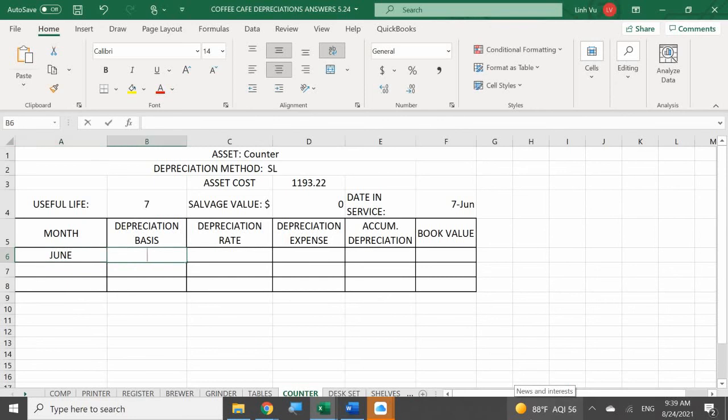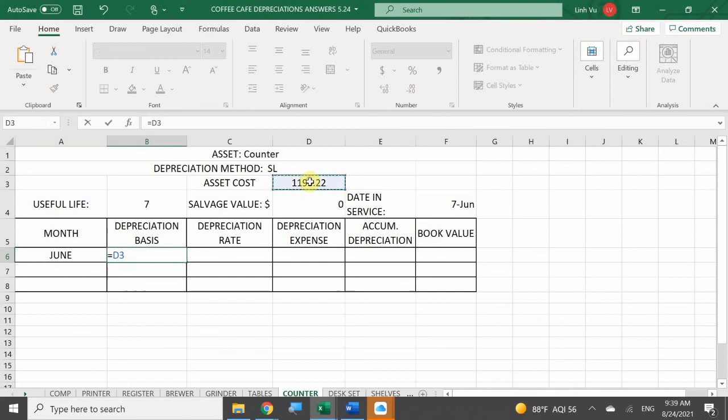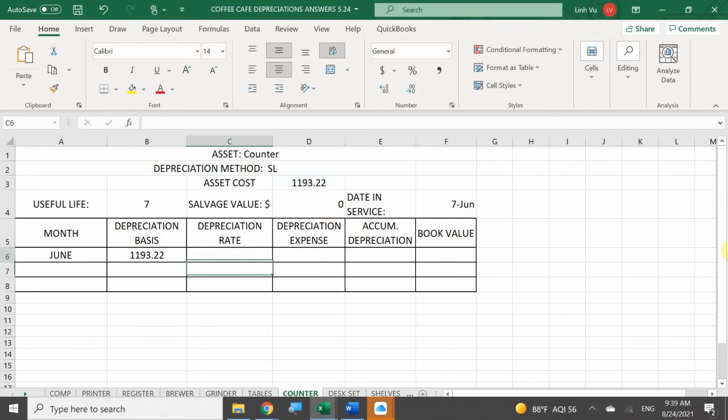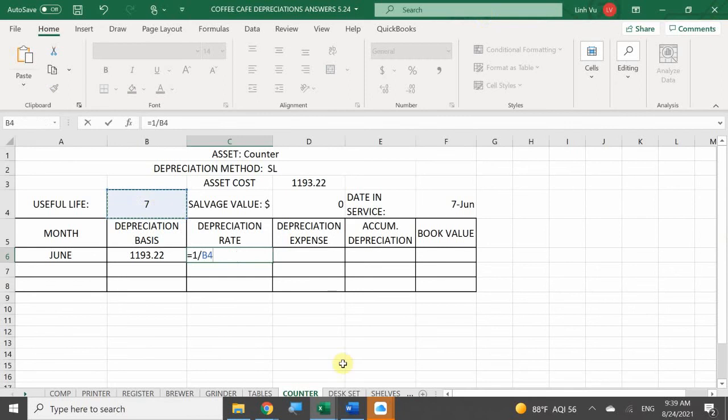Depreciation basis is going to be 1193.22. What's my depreciation rate going to be?